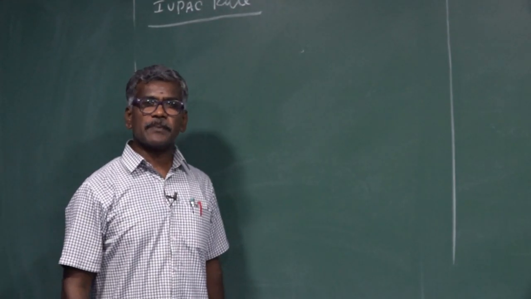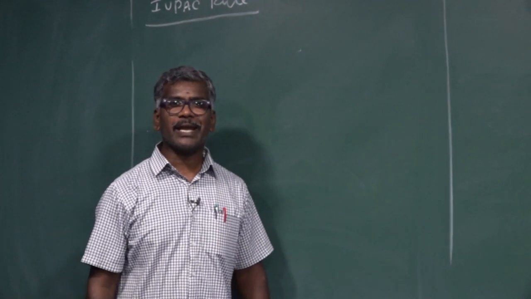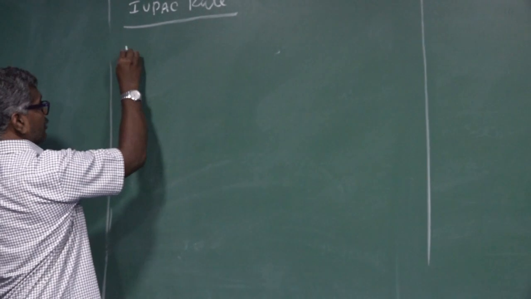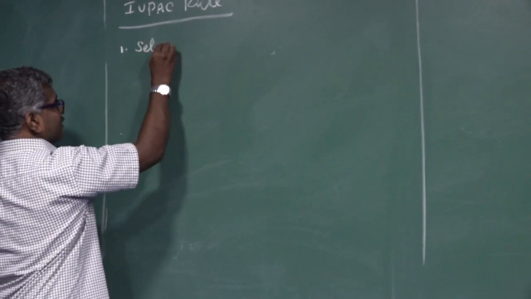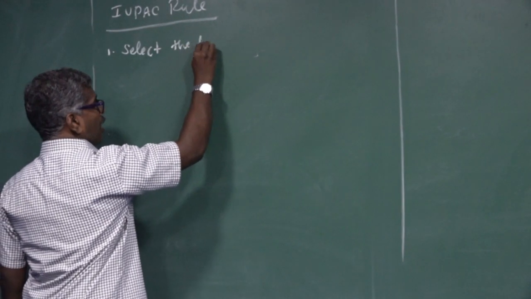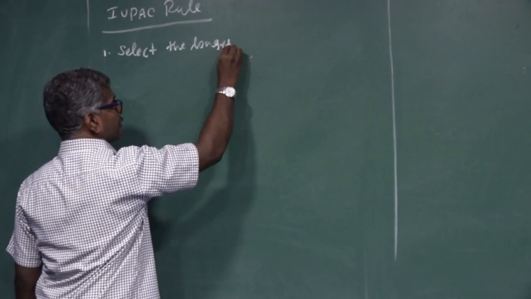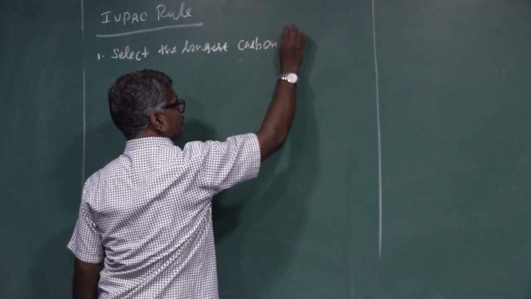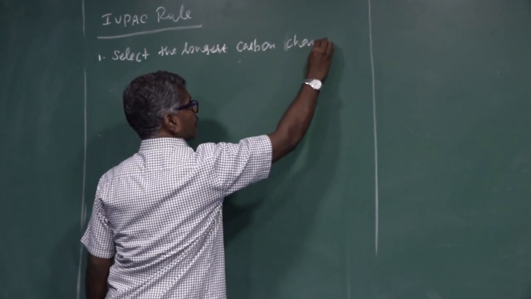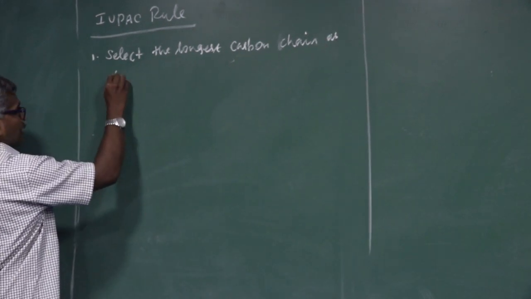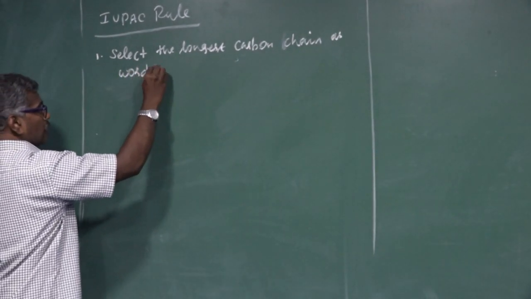There are different types of rules for writing the name of an organic compound. First one, select the longest carbon chain as the word root.